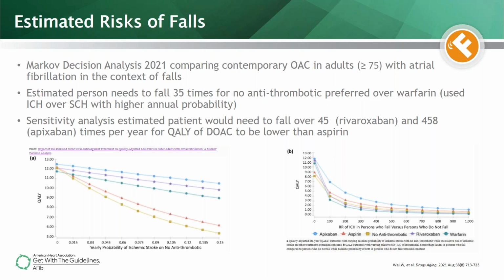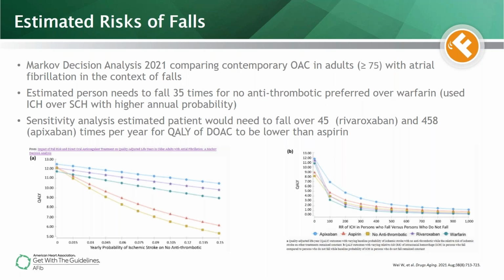And that number is very different from the nearly 300 number that I showed on the prior slide, but the difference is that they were looking at subdural hemorrhage. Sorry about that typo there, but subdural hemorrhage. So that affected their number.